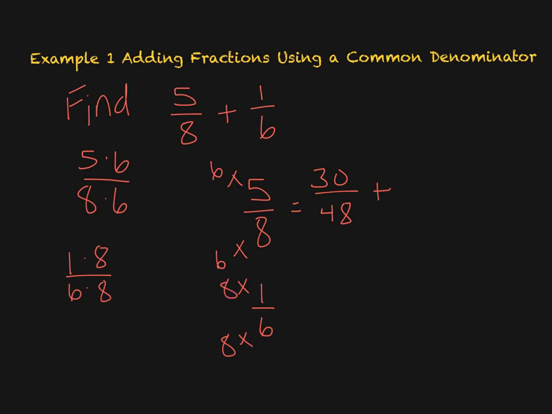So like I said, it's easier for me to visualize it looking at it like this, because I can say, okay, I'm doing it to the bottom, I'm going to do it to the top. And what I end up getting with that is 8 over 48. So now, I think the main thing here is that I have 48 as my denominators, okay?